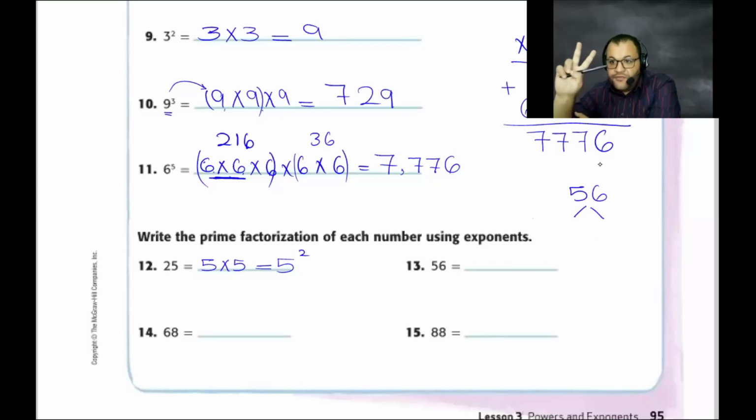I need two numbers. If you multiply them, the answer is 56. Two numbers. If you multiply them, the answer is 56. 16 multiplied by 5. 16 times 5 equals 80.